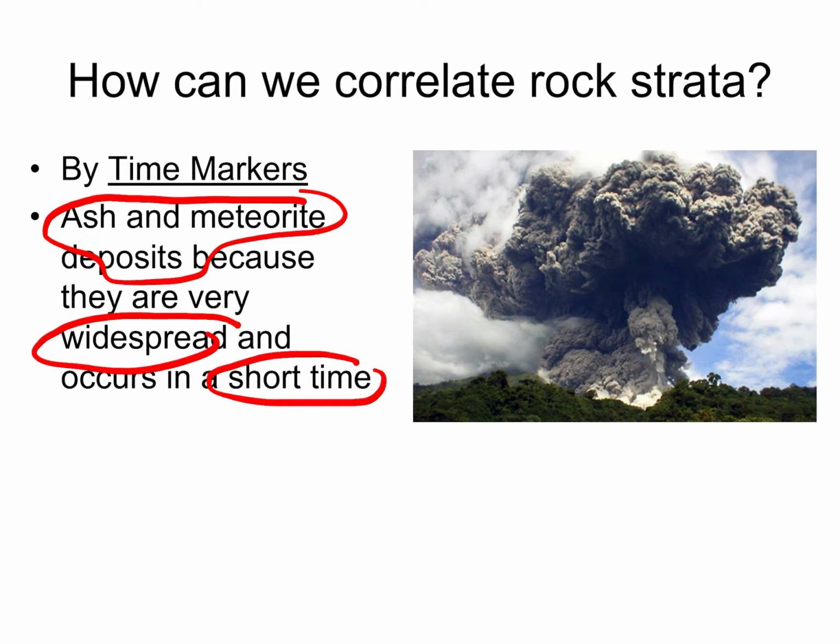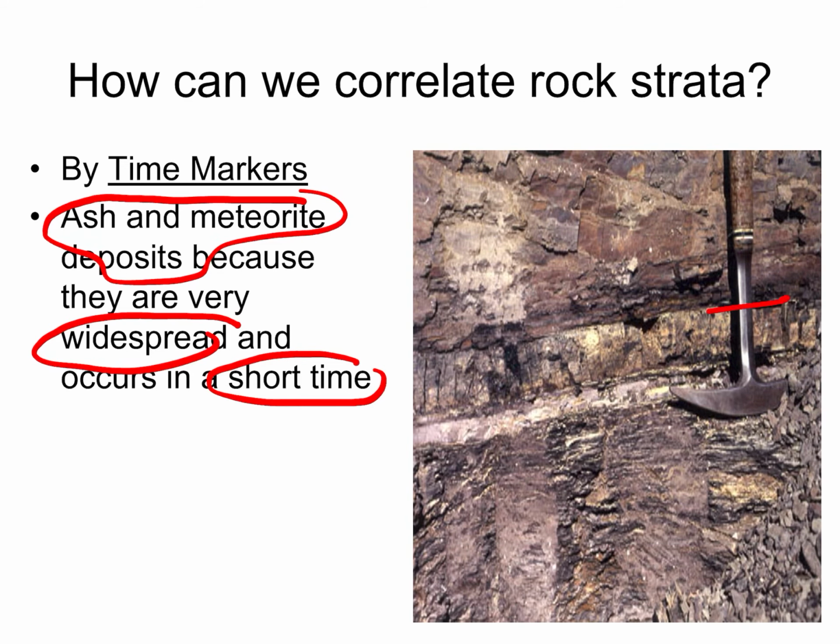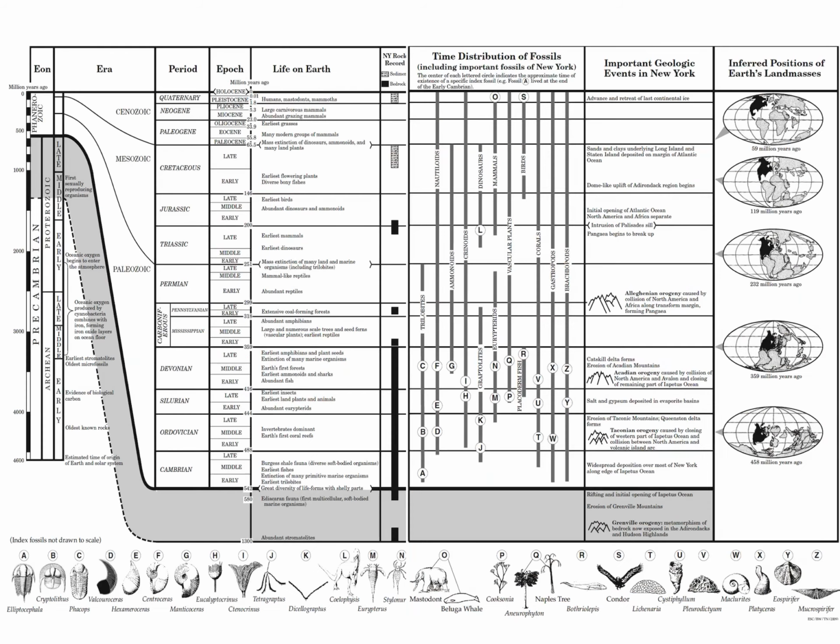This is actually how we have an exact time period as to when the dinosaurs died. There's a layer of iridium that goes around the world at that precise time, and that came from the asteroid that came and hit Earth. So here would be another example, right? You can see that nice clear layer that's going to run across.